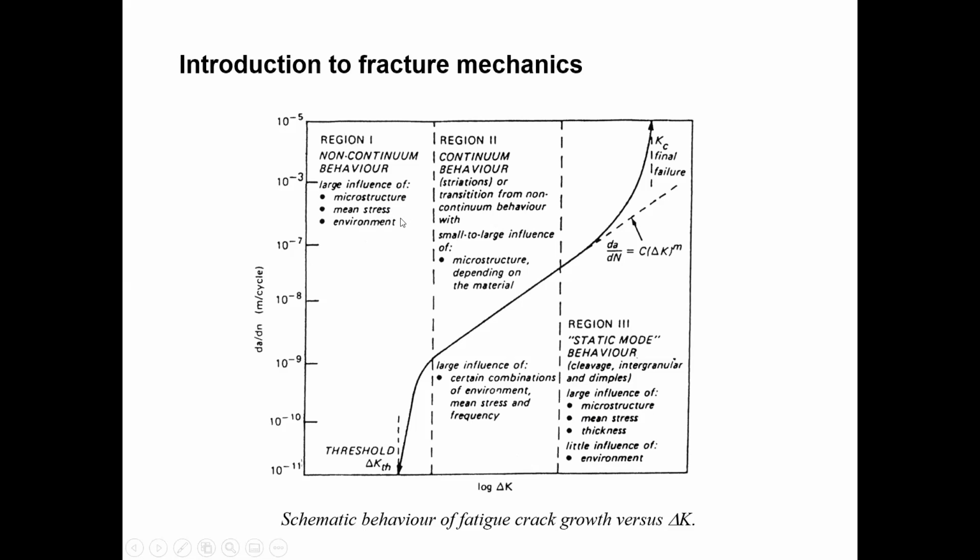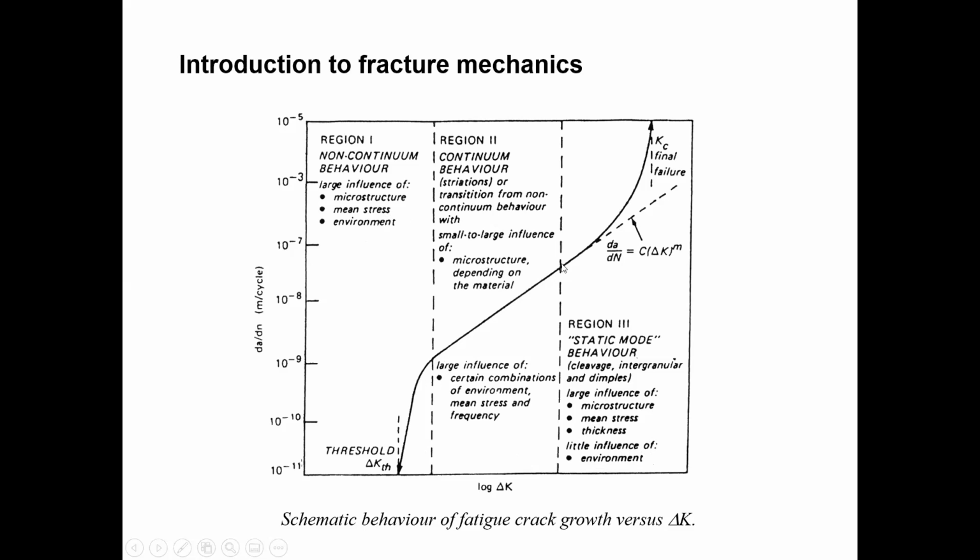You can see all three regions are governed by the microstructure, but in the second region microstructure is not the large factor. And mean stress, thickness of the component. The environment will not influence too much. There's a little.